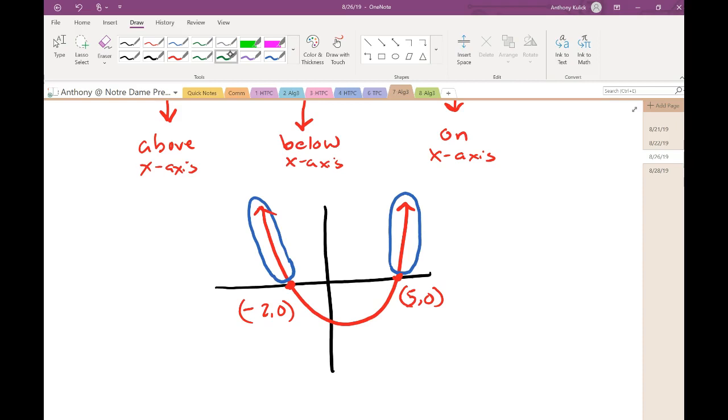I see 1. There's 1 piece of my graph that's below the x-axis. Everybody okay with that idea? And then how many 0 parts of the graph do you see? 2. There's a part right here and a part right here.